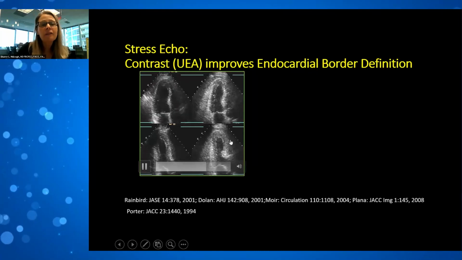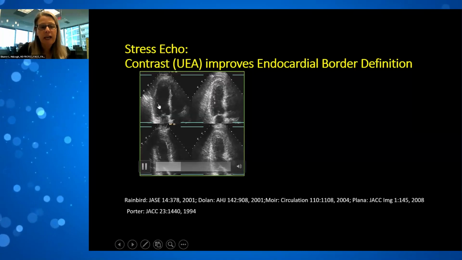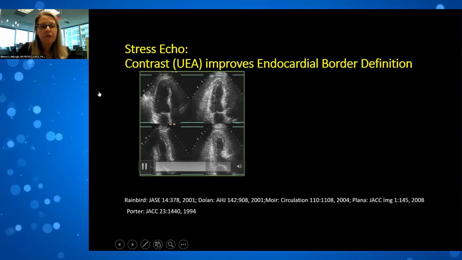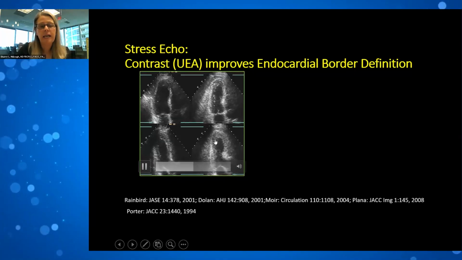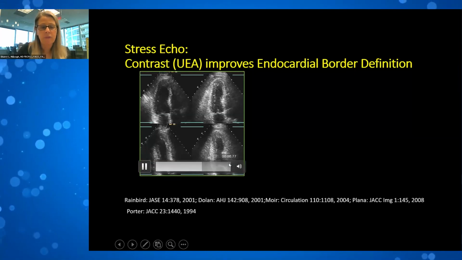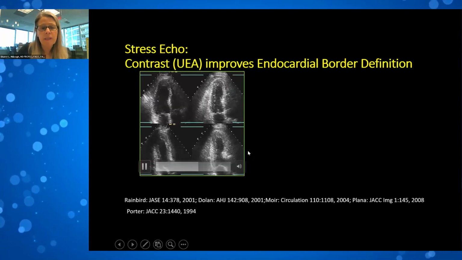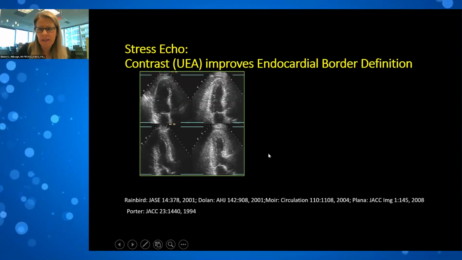But the advantages here, this is a case, again, this is the Mayo format. So we have the LV on the left here, the RV on the right, and this is a 4-chamber view at rest on the left images and post-exercise on the right images, and the apical long axis view here on the bottom panel. And this was interpreted as being a normal stress echo, but it didn't fit with the patient's clinical observation.